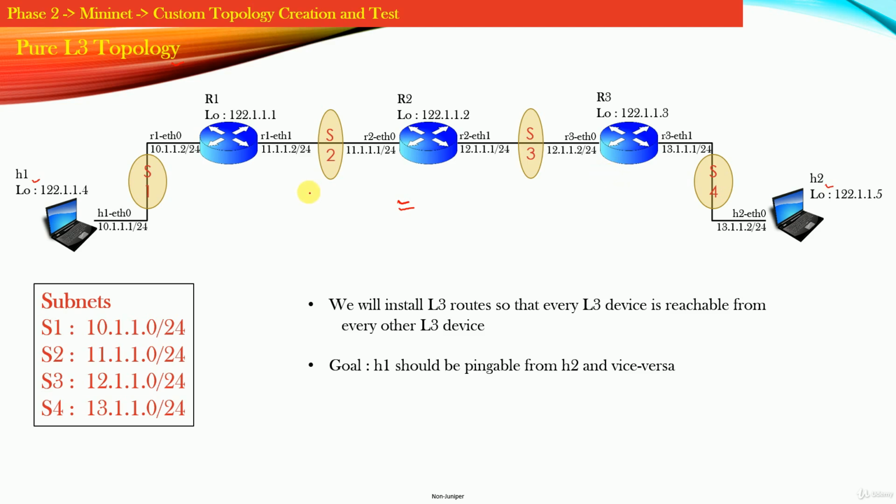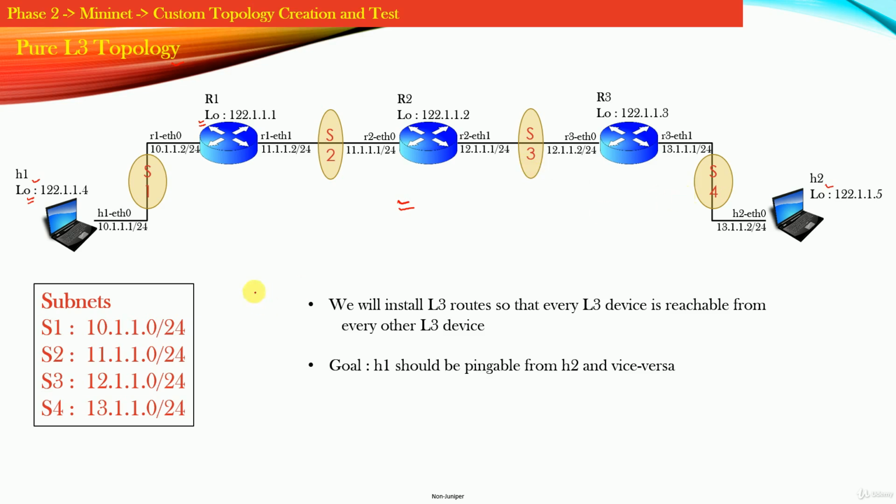Now each device in this topology has been assigned a loopback address, right? You can see that the L3 routers R1, R2 and R3 have been assigned a loopback address, as well as the host machines. And there are 4 subnets in this topology: S1, S2, S3 and S4.